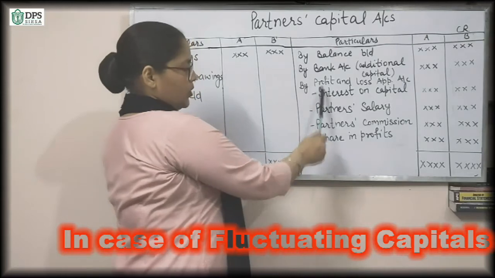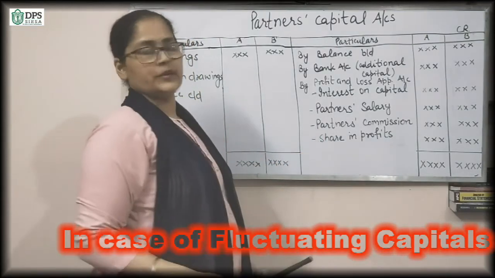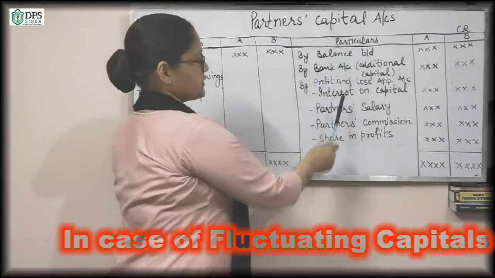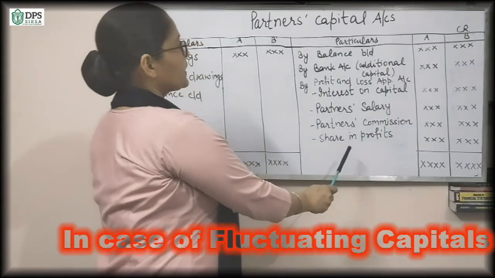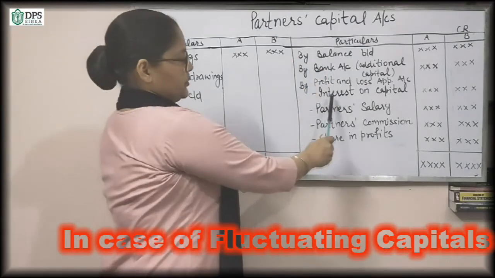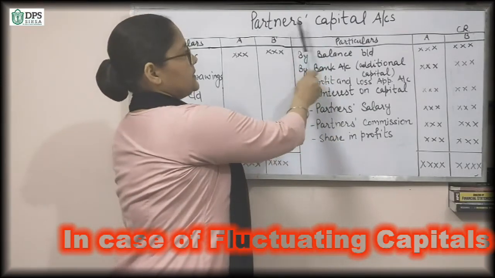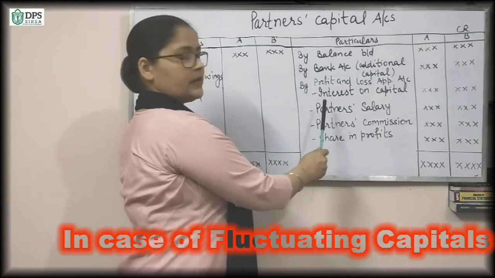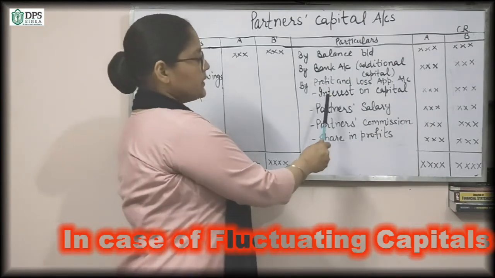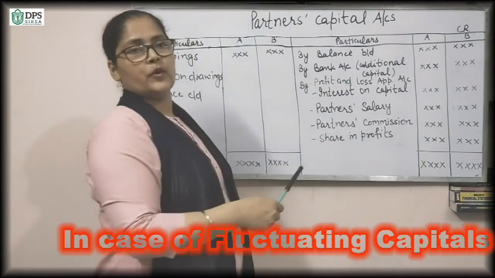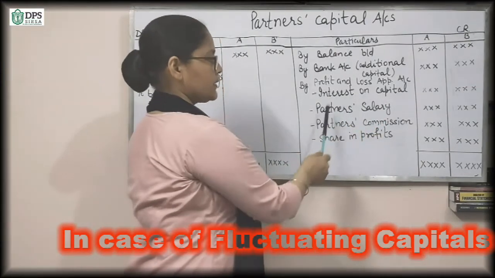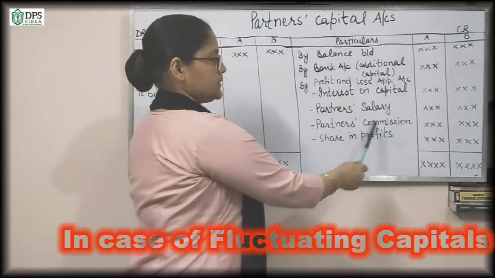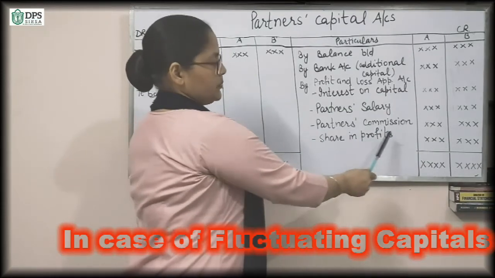Next, all the appropriations that a partner is going to receive from the profit and loss appropriation account will come here. These are the appropriations a partner is receiving from the firm that we have done in the profit and loss appropriation account: interest on capital, partner's salary, partner's commission, share in profits.